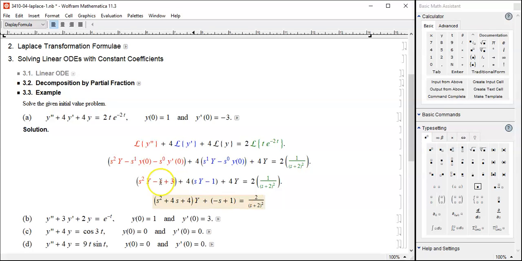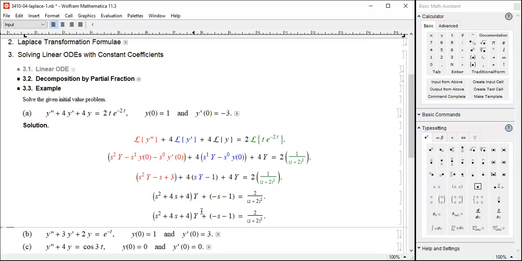Did I do this right? 3 minus 4, so this is minus 1. I wish this were in class so that students can correct me on the spot whenever I make a mistake. And then let's flip this one over to the other side. So basically this is s plus 1, and then that.